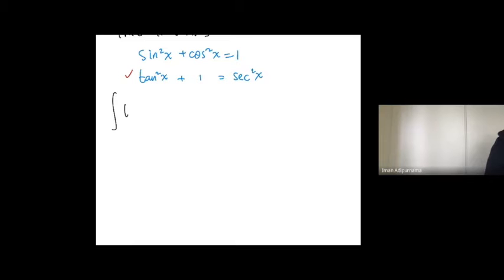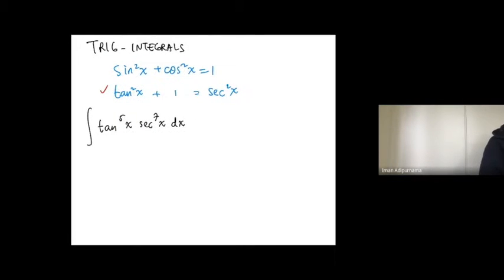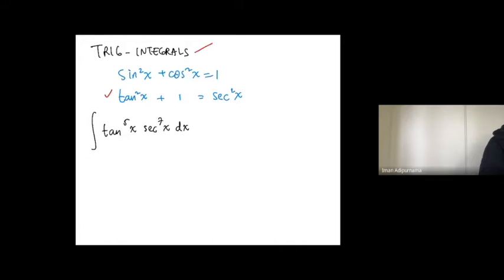If you have tangent 5x and then secant 7x there. So in trigonometric integrals, we are combining the identity in trigonometry and also the use of substitution.